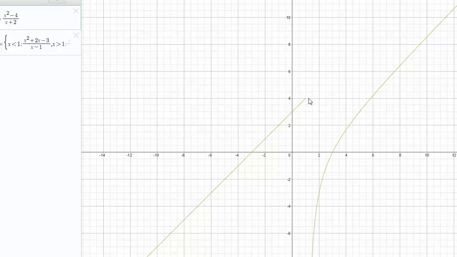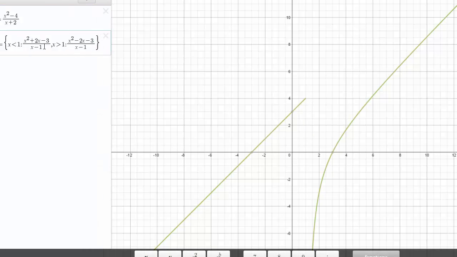Now, to do this nice and scientifically, you are going to factor this, and you're going to find out that sure enough, this is going to factor into x minus 1, x plus 3. And the x minus 1s are going to cancel. It's going to make that nice line, negative x plus 3. Okay.